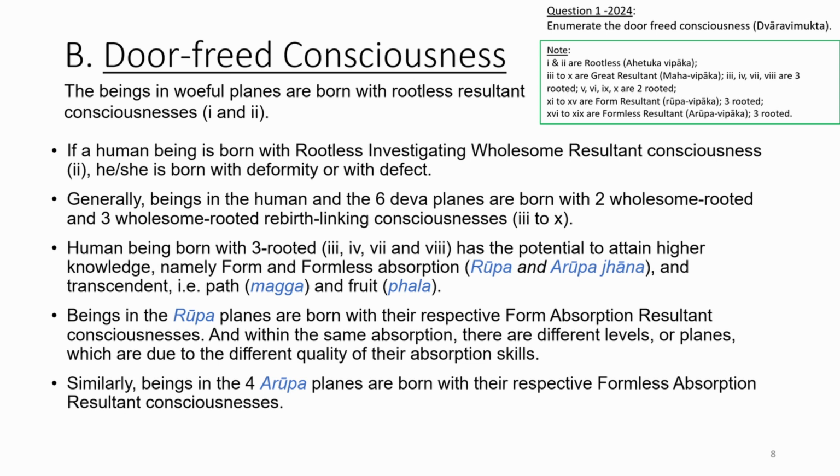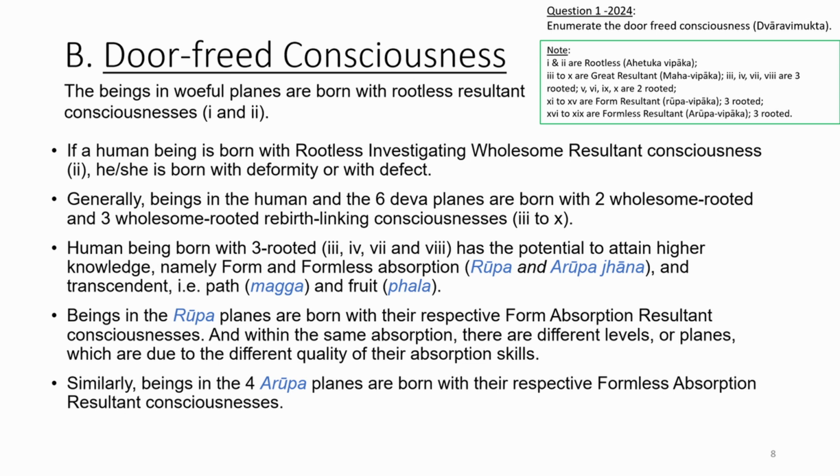Generally, beings in the human and the six deva planes are born with the 2 wholesome-rooted and the 3 wholesome-rooted rebirth linking consciousness. That is from 3 to 10, the great resultant, the Mahavipaka. Those with 2 roots are those dissociated from knowledge.